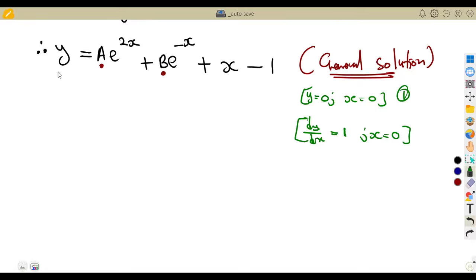The first condition is direct. Y is equal to 0. It means wherever there's y, I'm going to substitute 0. So 0 is equal to, wherever there's x, I'm going to put a 0. So e to the exponent of 0, that's a 1. So 1 times a, that's a. E to the exponent of 0, that's 1. 1 times b, that's b. In place of x, you substitute a 0 here.